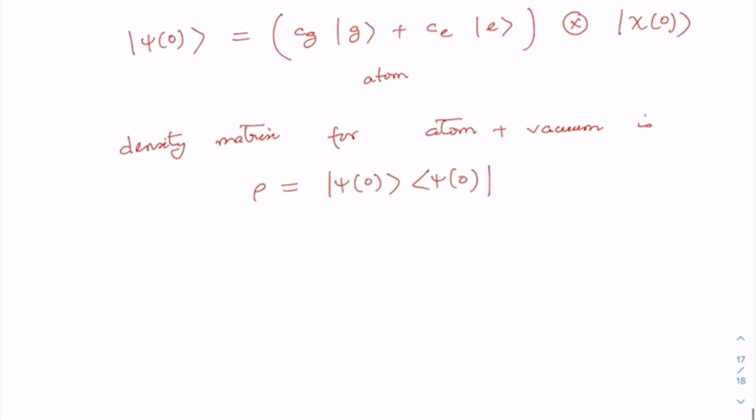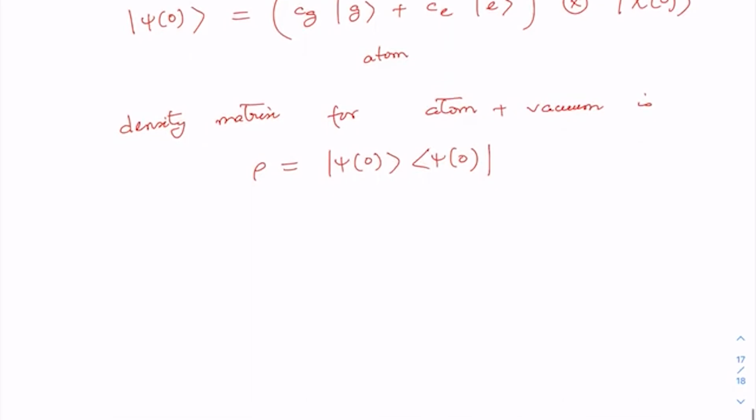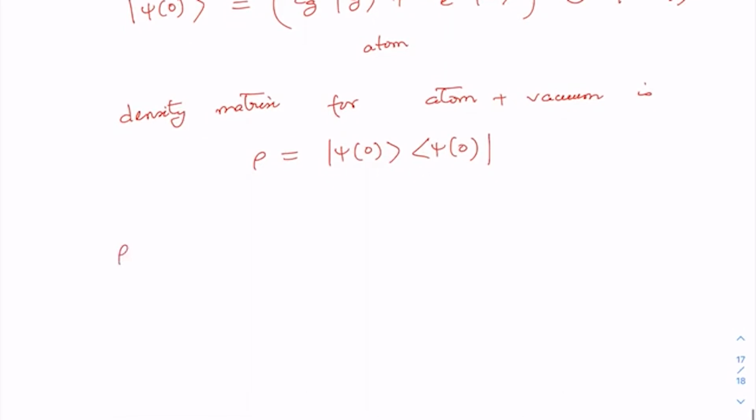Now to get the density matrix of the atom only, we have to trace out the vacuum, and this is basically the reduced density matrix. If we want to focus on the atom only, we will trace out the vacuum, and we just have to take the trace of this.